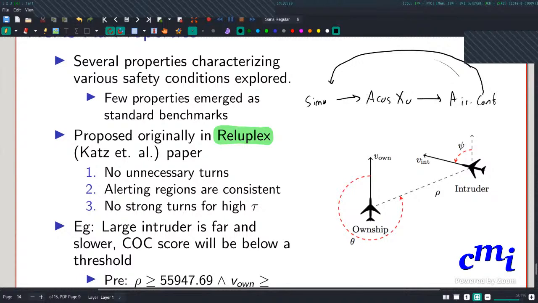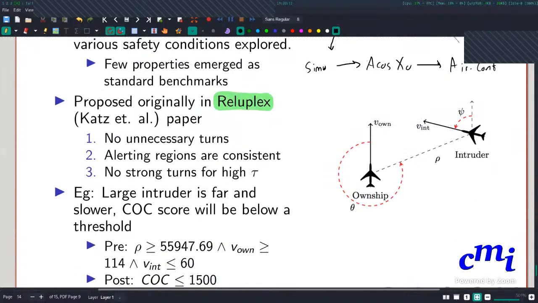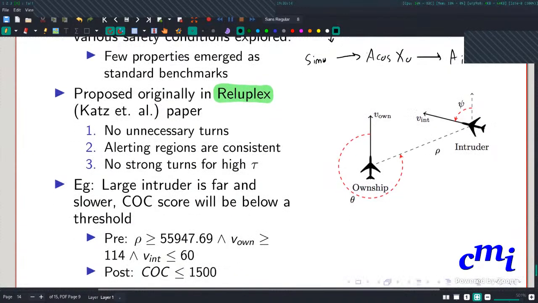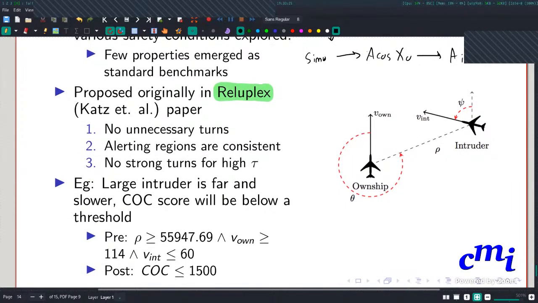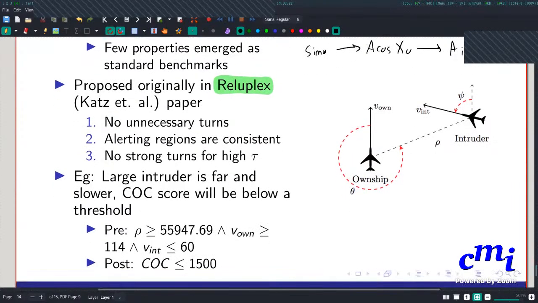But the ones that I'll just briefly mention here are some standard properties which have emerged, properties which a lot of people have looked at and tried their own verification methods on, which are again given in the ReLUplex paper. And these properties are basically based on these 3 points, right? So one is that this network shouldn't produce any unnecessary turns, right?